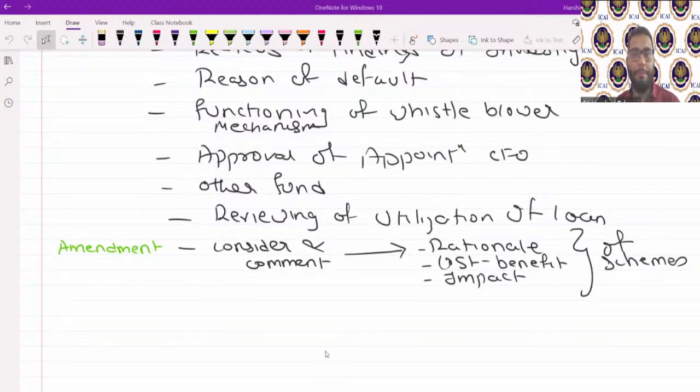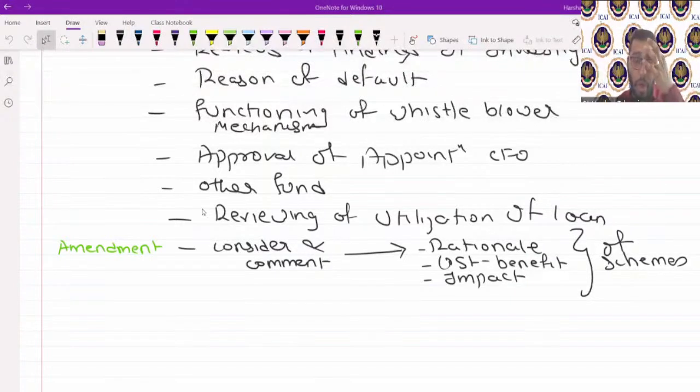Okay, moving ahead. We saw the functions of the audit committee. Now, there was a specific circular on resignations of statutory auditors.